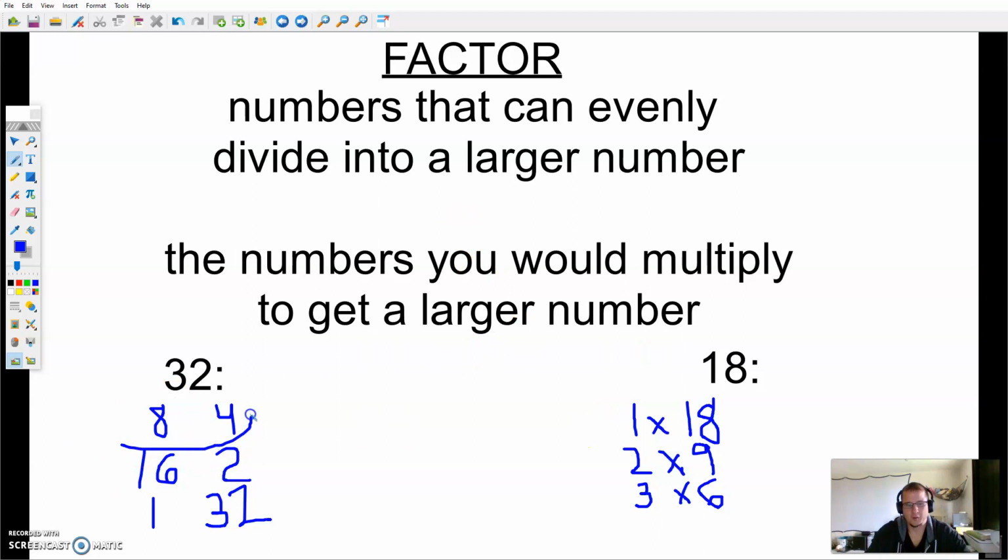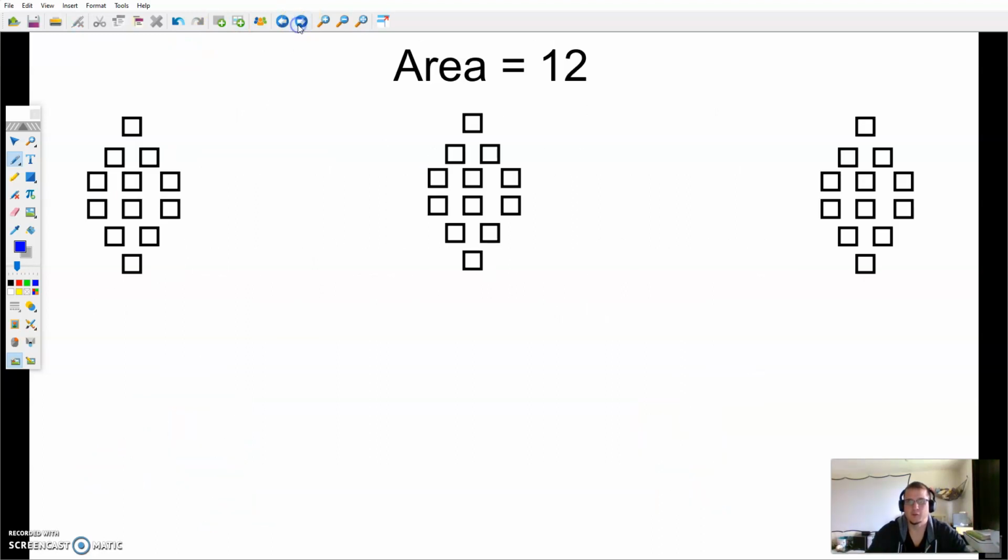Again, these are our factor pairs, or if we want to think about that as a rectangle, those are our length and width, if we start thinking about these numbers as a rectangle. So we're going to start thinking about a rectangle that has an area of 12, and we're just going to create them. What I've done here is just created each of these groups of squares has 12 in it. 1, 2, 3, 4, 5, 6, 7, 8, 9, 10, 11, 12. And I purposefully did not arrange them in any sort of rectangle because I wanted us to play around with it a bit.